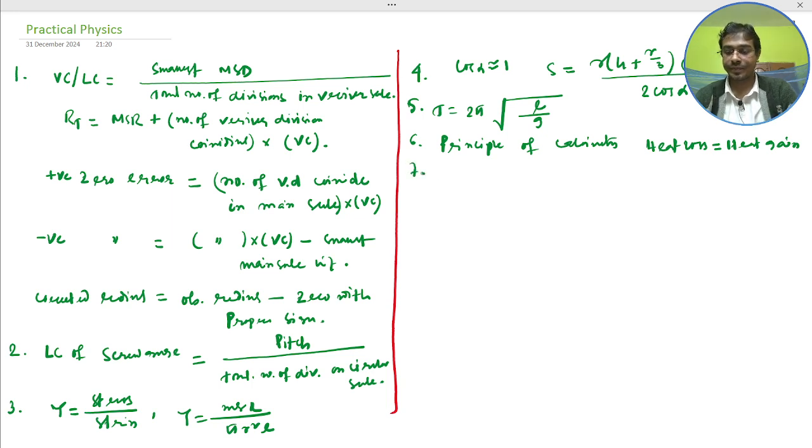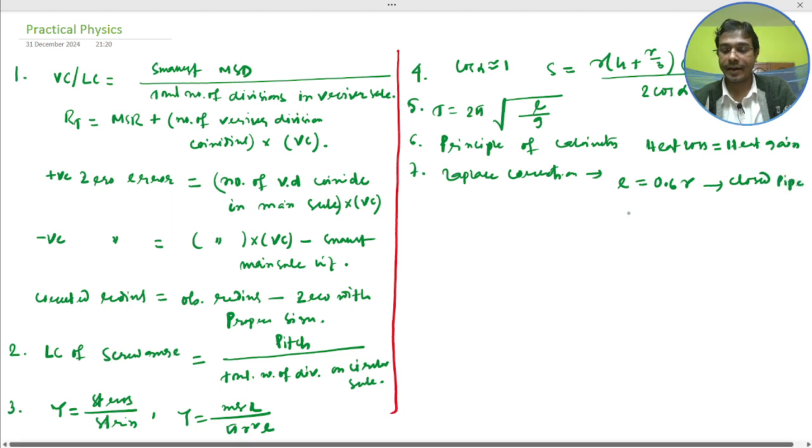Next, the Laplace correction in a closed pipe: e equals 0.6 R. This is for the closed pipe. And next, twice e equals 1.2 R. This is for the open pipe.